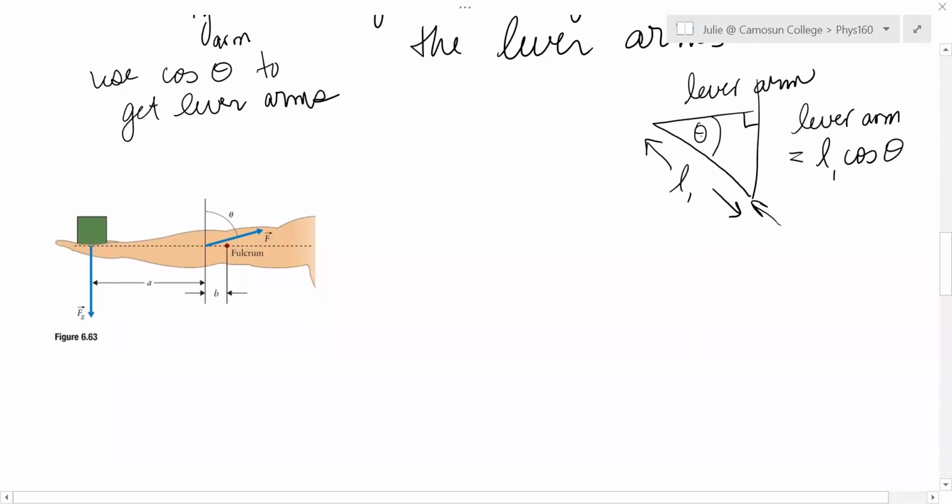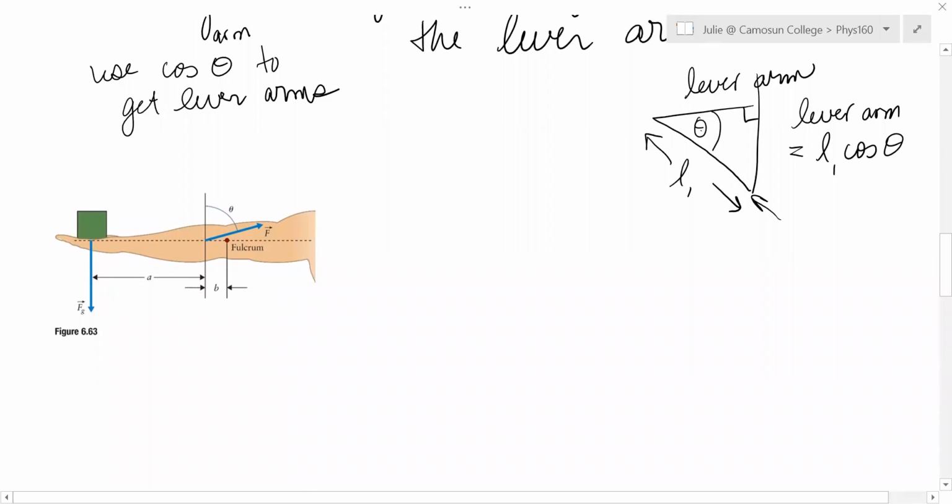For this one, which do we use, sine or cos? Remember, the lever arm is from the axis of rotation, the fulcrum, that's your elbow. Let me draw that bigger. So here's your elbow. The force is like this, and in this case this is theta.